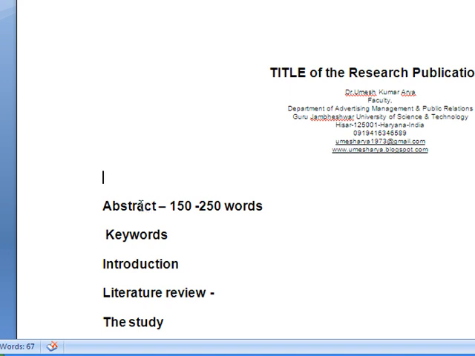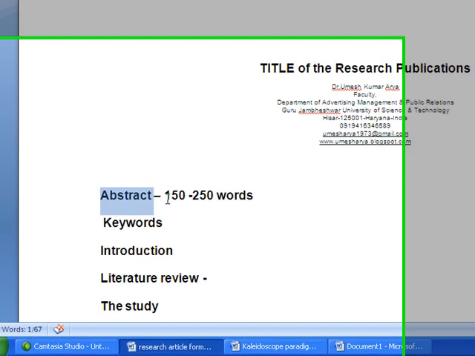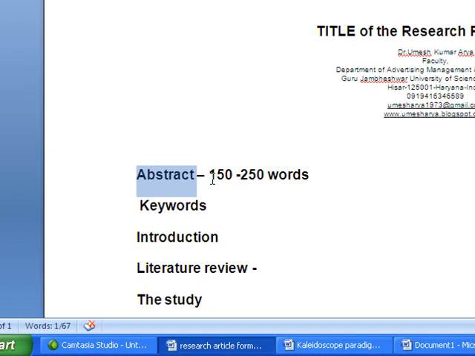Next comes the abstract part. Abstract is written once the whole research publication is prepared, and it contains the meat or the gist of the research publication in 150 or 250 words, as the case may be.